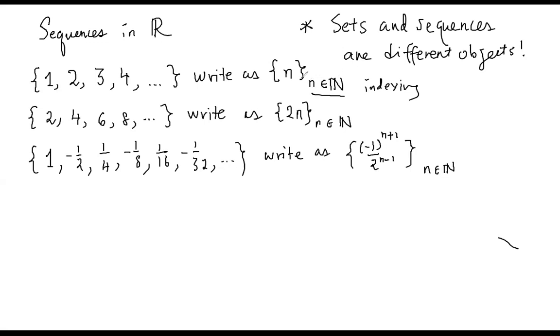So when you have 1, you have 1. When you have 2, you have 2, and so on. This is just describing how the numbers are ordered in this list.